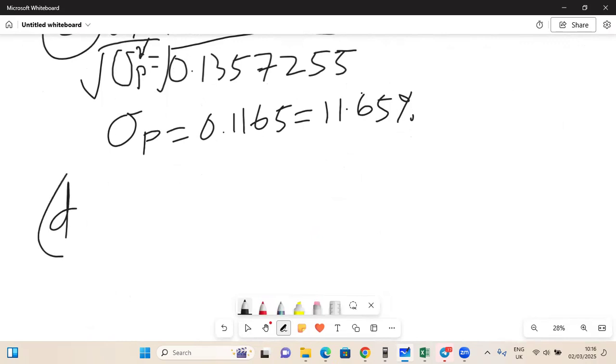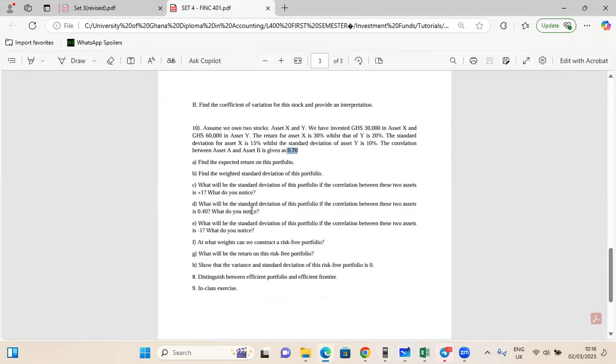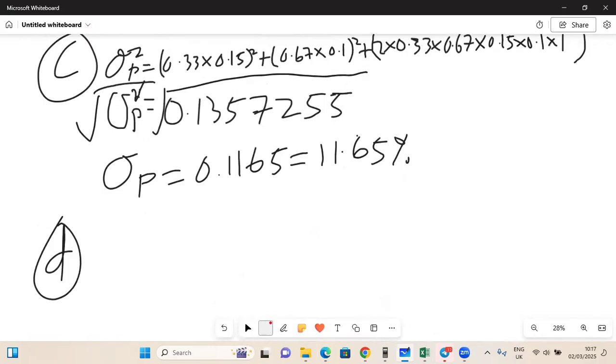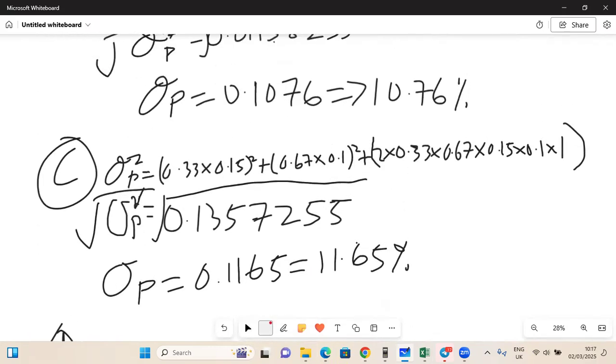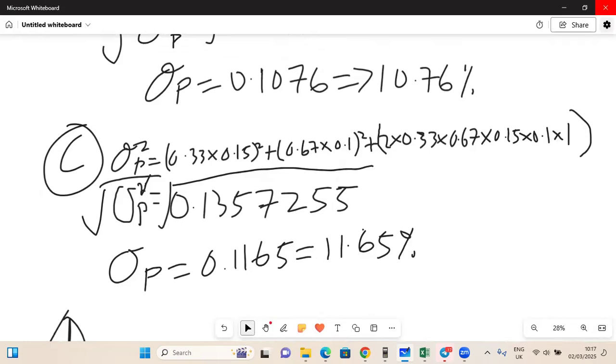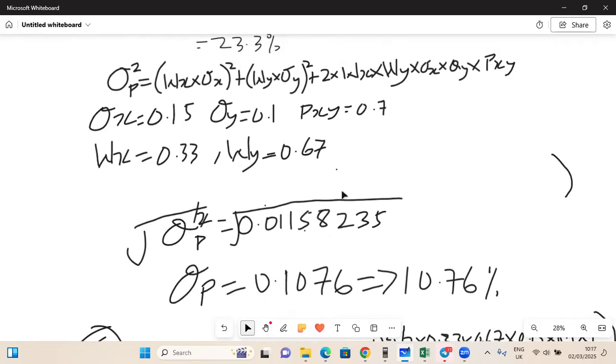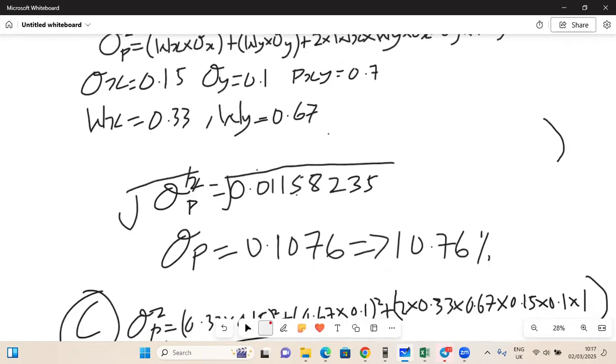Let's go to D. What is D also saying? So what did we notice? Now, when the correlation coefficient was increased to 1, we can see that the standard deviation of the portfolio has changed to 11.6%, when it was 0.7, the standard deviation was 10.6%.